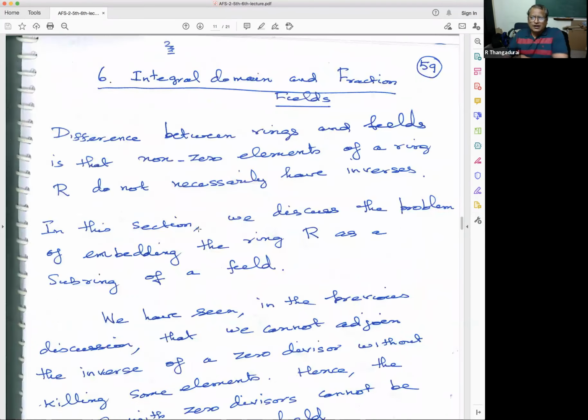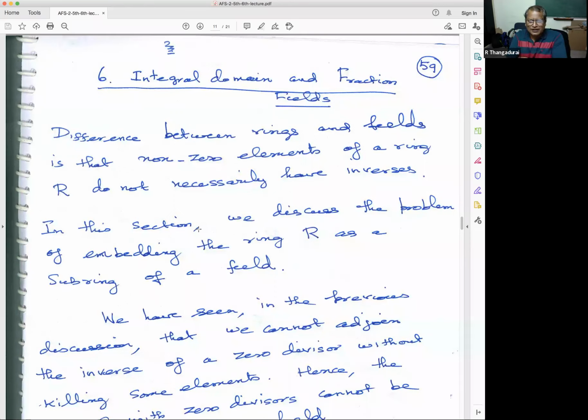So we want to avoid such rings. What are the rings we need to avoid, such that our extension always contains the given ring as a subring?